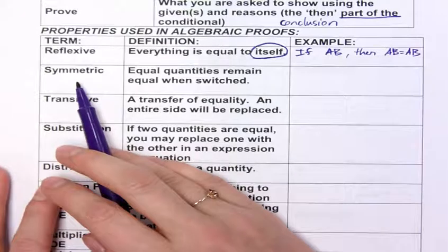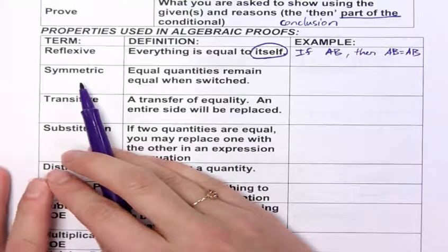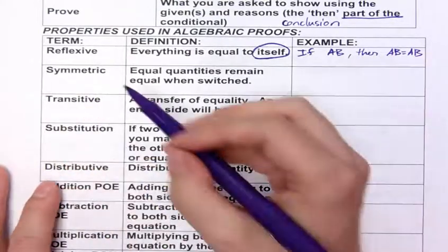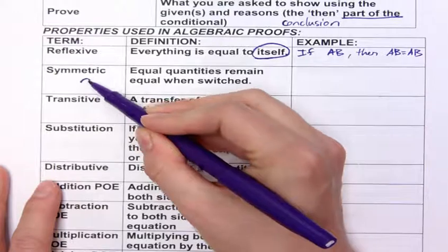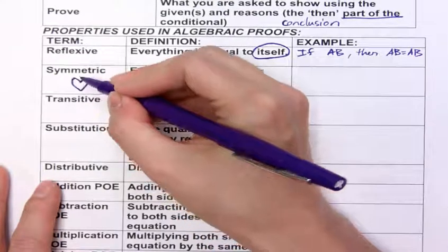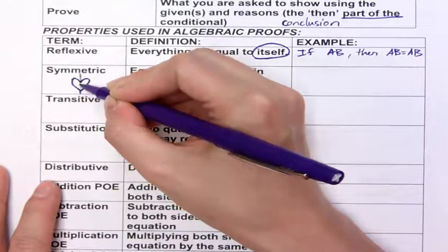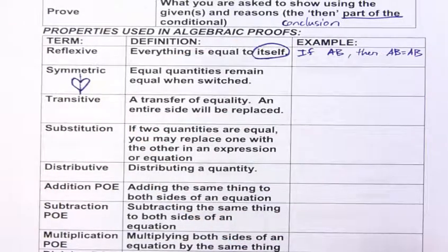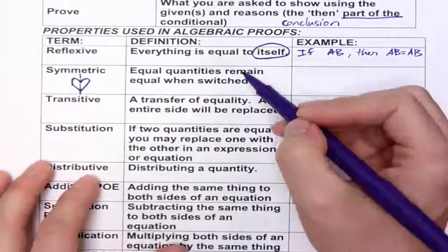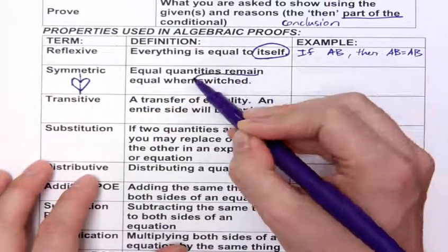Do you guys know the word symmetry? It's kind of like it's the same on both sides. So like if I had a heart that was drawn perfectly, which this one won't be, but we'll pretend, it's the same on both sides, right? If I fold the paper and cut it, the sides are flipped over, right? This looks like the exact opposite of this. So symmetry is when things are switched.